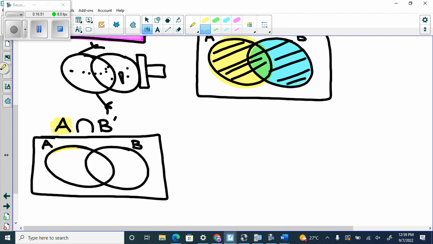So I'm going to go to A and I'm going to shade it. We agree? Then I'm going to shade not B in blue. That's why I said if you want to use two highlighters, you can go ahead. So I'm going to go to B. And then I'm going to say not in there, correct? When it's not, you just go ahead, shade the outside, and then we're going to shade everywhere.